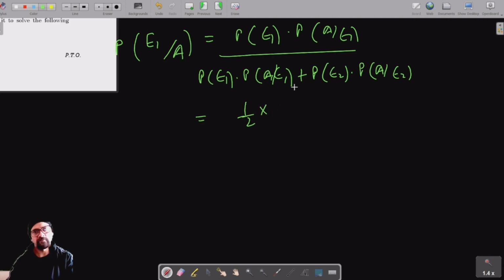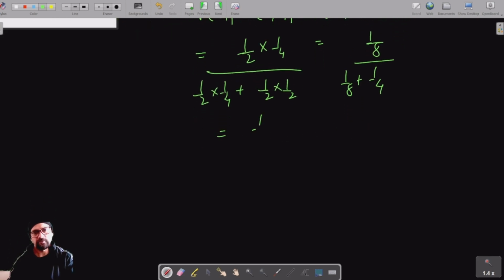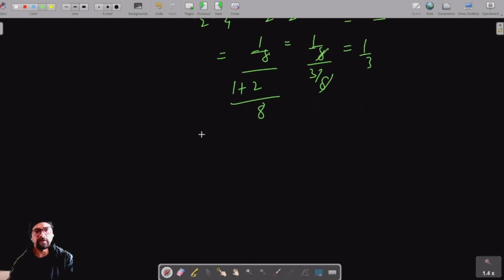E1 is half, probability of A by E1 is 1 by 4, and for E2, it's half into half. So this is 1 by 8 upon 1 by 8 plus 1 by 4. LCM of 8 and 4 is 8, so this is 1 by 8 upon 3 by 8, which gets cancelled, and this is 1 by 3. So the probability of getting head from the biased coin is 1 by 3.